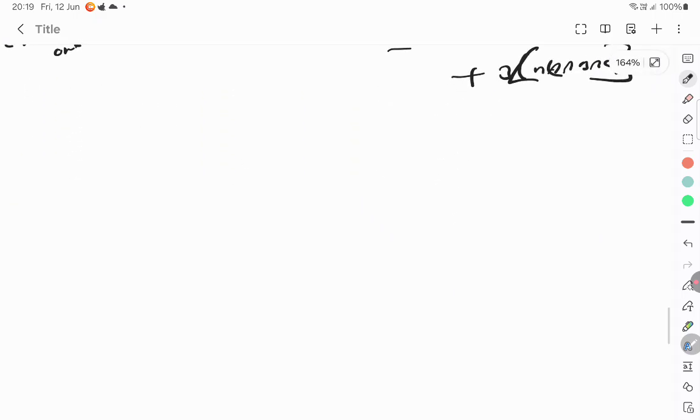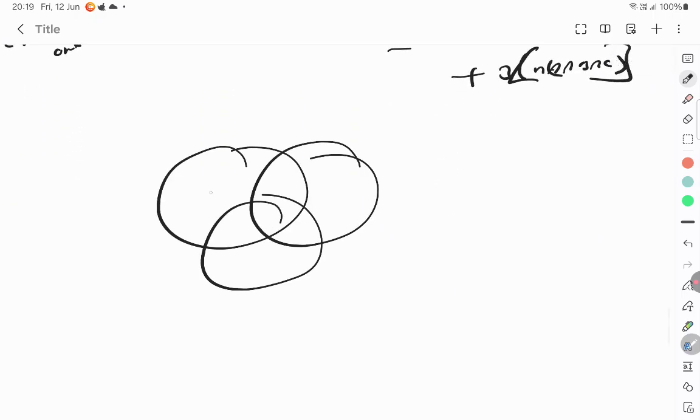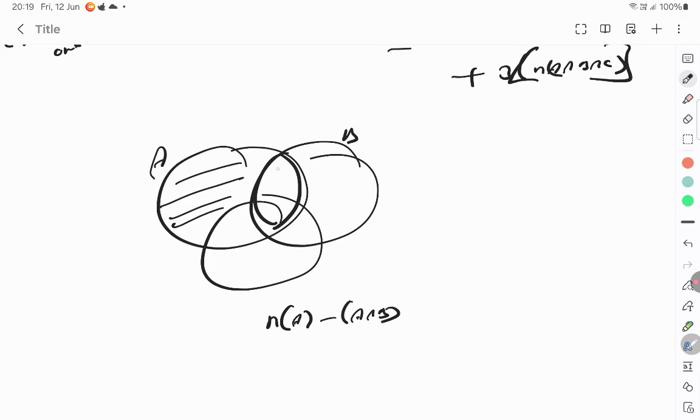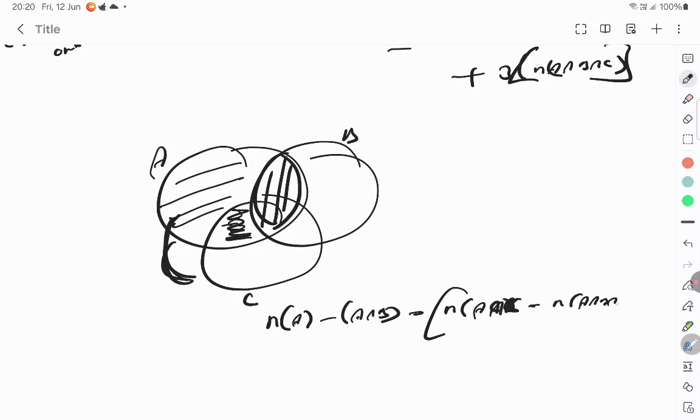But if they are specifically asking you only A, or exactly A, only A, then you should know that formula, which is n of A minus n of A intersection B, and the process, you remove this whole portion, but you are still left with this part, which is minus n of, what is this, A intersection C, minus n of A intersection B intersection C. You should know, because you may have to apply this formula if they ask A only.